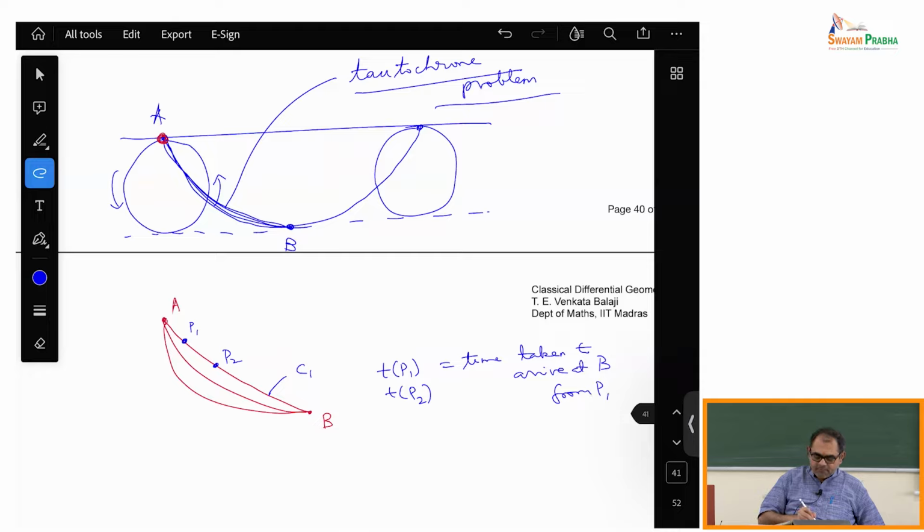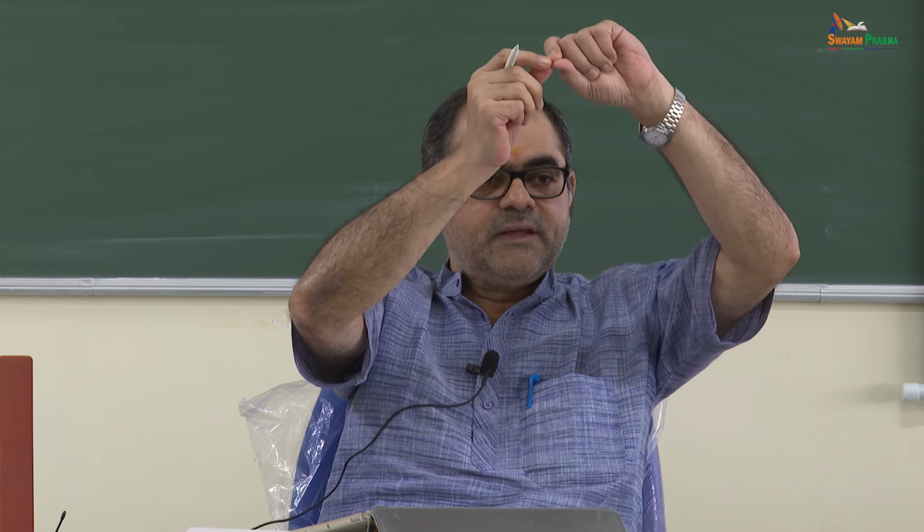Similarly, if you take P2, I can measure the time taken to arrive from P2 to B. The way you imagine it is that along this curve C1, there is a frictionless string, and you allow a frictionless bead on it to travel along it, only under the influence of gravity.